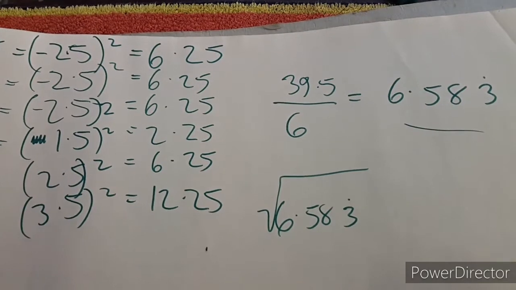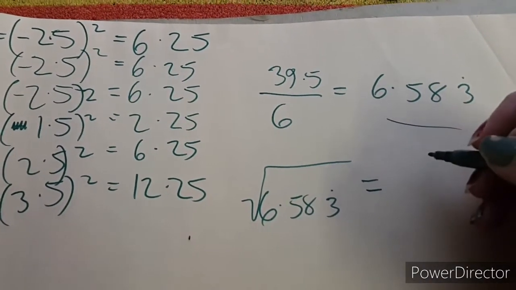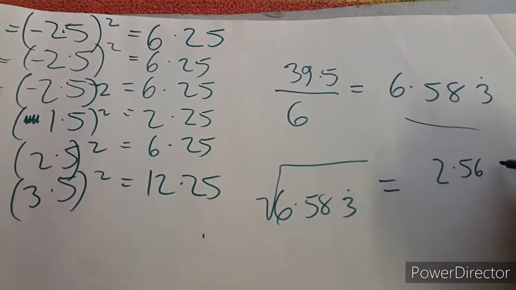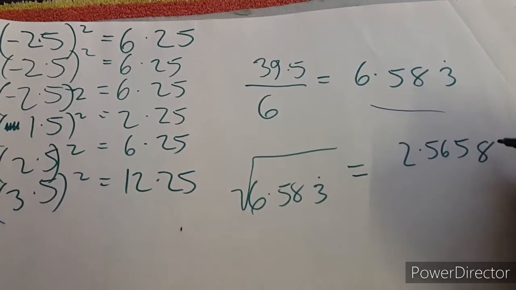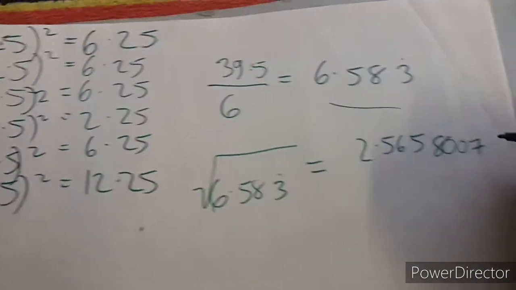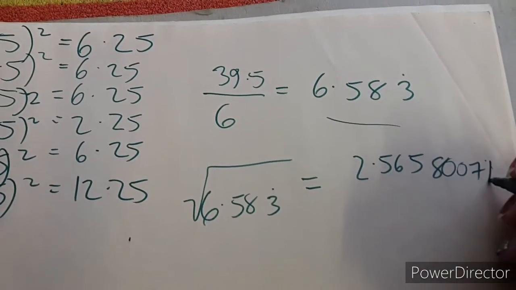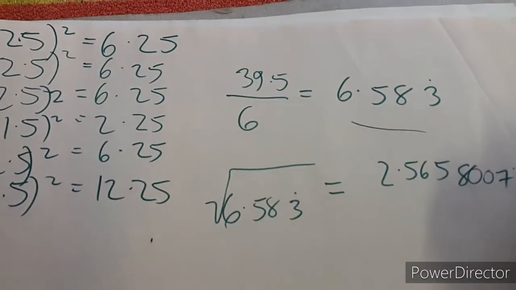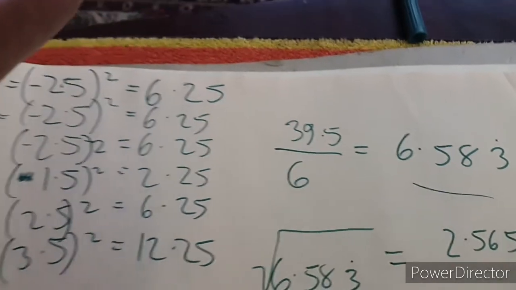That gives us our value, our standard deviation value for Luigi's dice is 2.5658007197. Oh, my. This is very difficult to do one-handed.